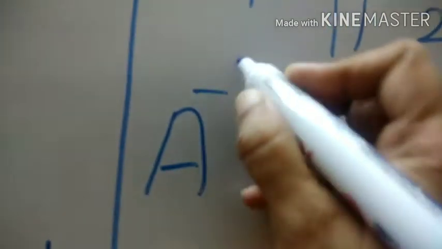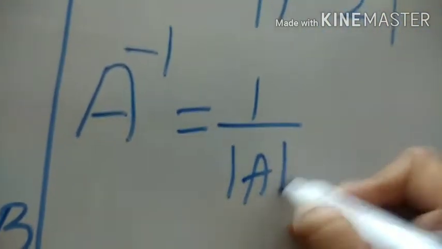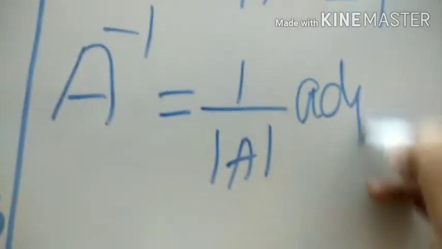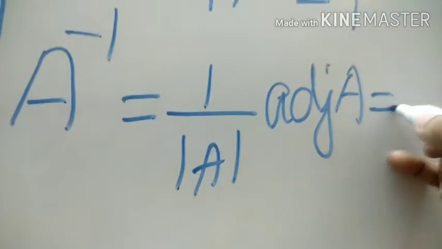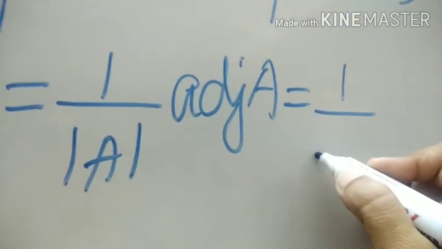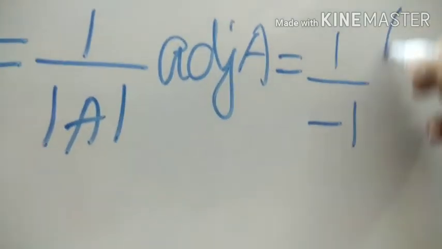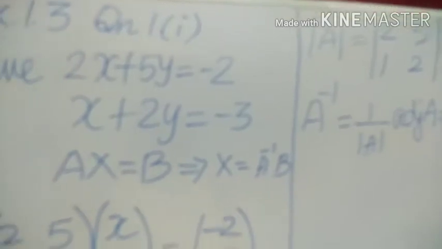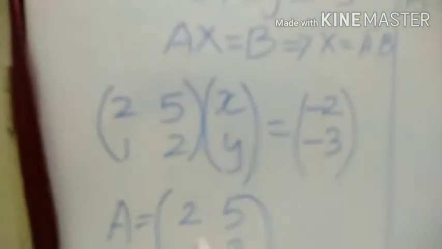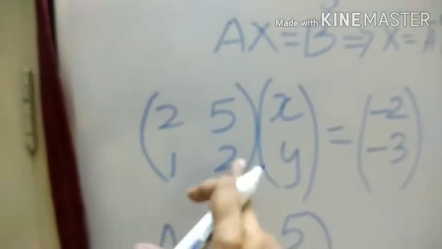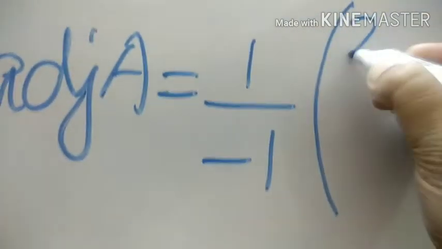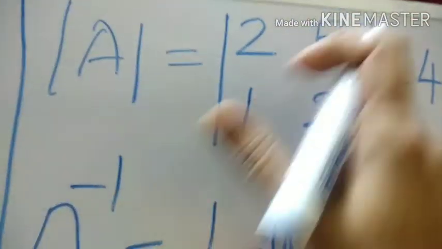How to write A inverse? The formula goes 1 by determinant A times adjoint of A. That is 1 by minus 1, and let us remember finding the adjoint. We interchange the main diagonal, that is 2, 2. Even if I interchange, I get 2, 2 only. So let me write 2, 2. And the other diagonal, we change the sign.